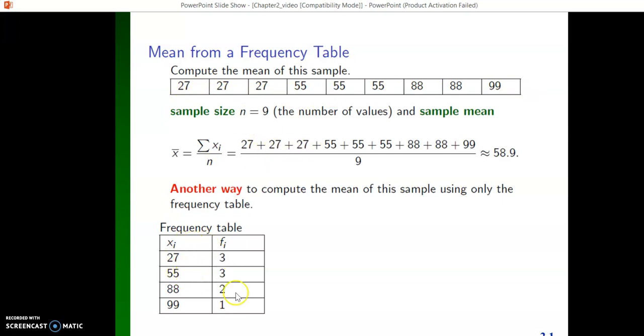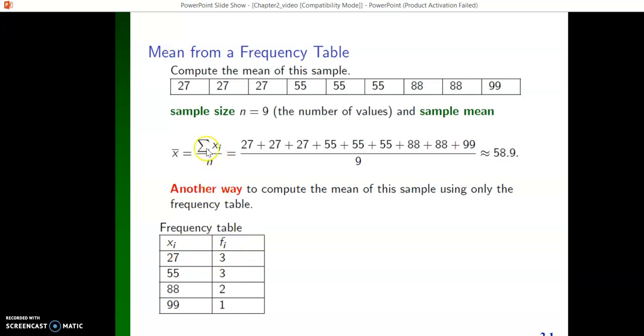But in a frequency table, 27 repeats 3 times, so we put 27 under xi and under fi we put 3. If you want to calculate the mean, instead of adding 27 plus 27 plus 27, we can simply say 3 times 27. So with a frequency table, you have to multiply xi times fi to get the numerator value.